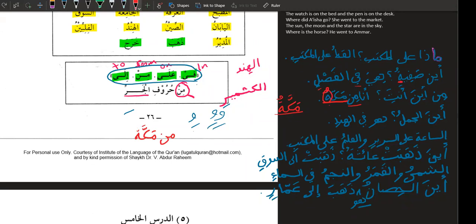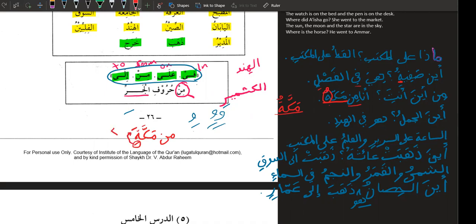So instead of a kasra, it takes a fatha: ana min makkata. Why?